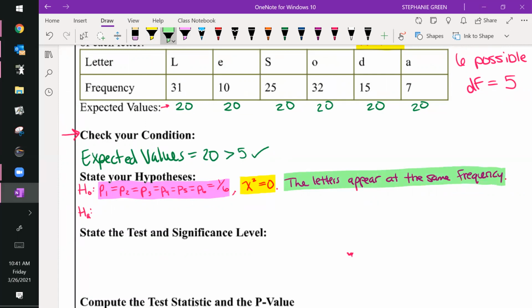Okay, and then my alternative hypothesis is going to go the same way. We're going to say that at least one of these 6 probabilities is not 1/6.